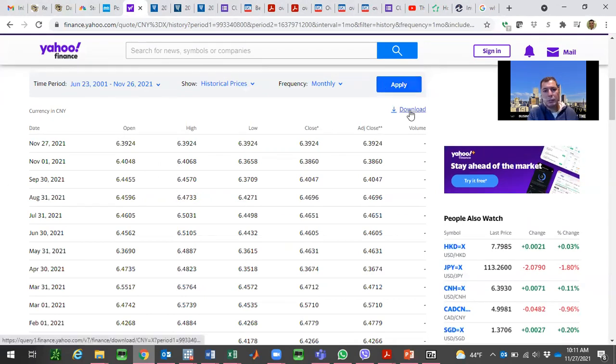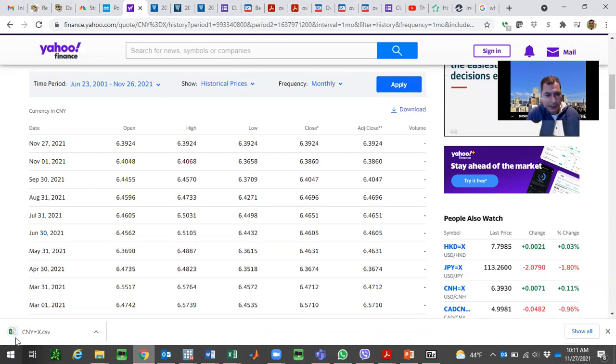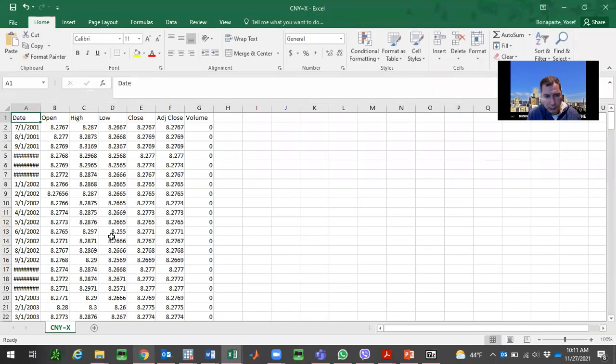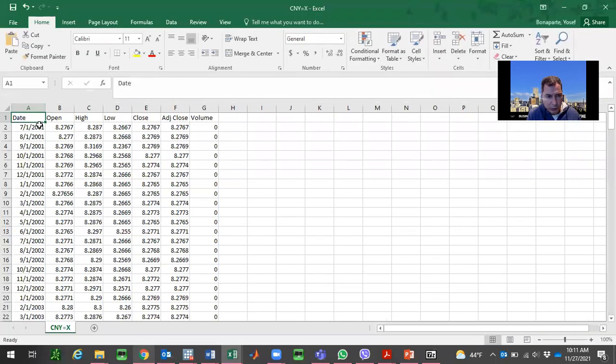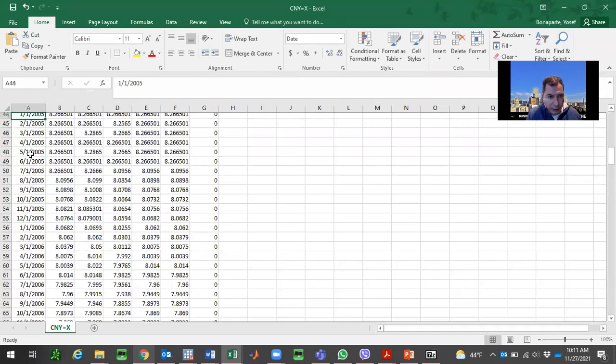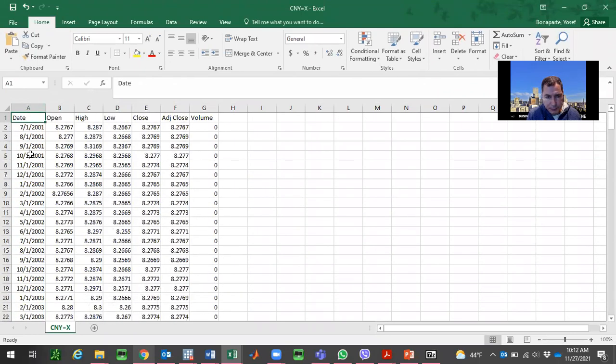And download. And it's here. So that's July, August. We are at 2005, 1. Here is 2005, 1. So which one are we going to use? We use adjusted close again.